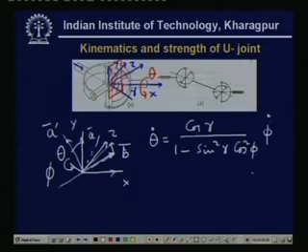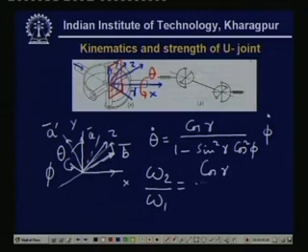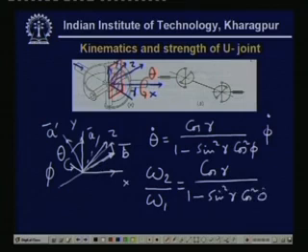So, this is the relationship between theta dot, which is the angular velocity of the driven shaft, let me write down, this is omega 2, and omega 2 divided by omega 1 will be equal to cosine gamma over 1 minus sine square gamma cosine square phi.